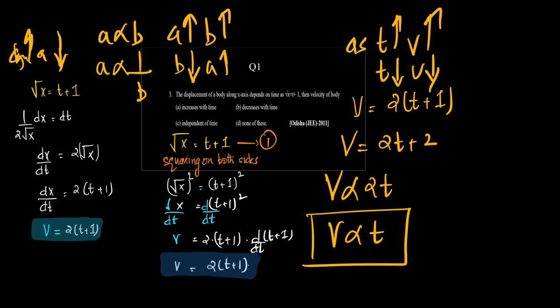I'll repeat it once again. If A is proportional to B, it means that if B increases, A also increases. If A is proportional to 1 by B, or if A is inversely proportional to B, it means that if the value of B decreases, A increases. So we can say that velocity increases with time, which means the correct option is option A.